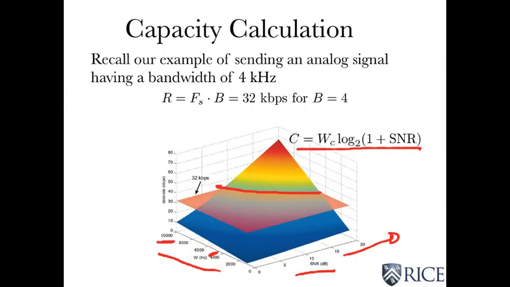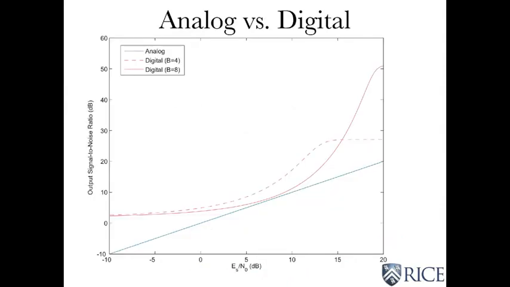So if you're anywhere in this region, it's impossible. You're in big trouble. You want to be in the region that's inside this boundary. You want to be in there somewhere in order to have a hope of sending this signal through without error. I want to compare this result with the plot we had for the signal-to-noise ratio.